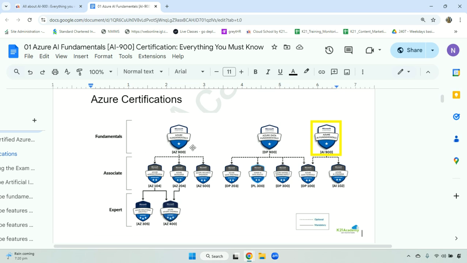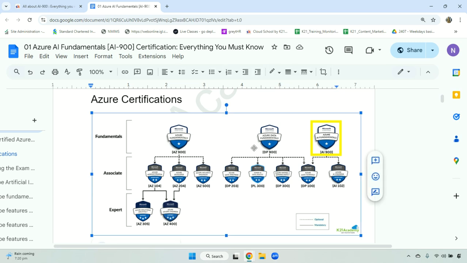On the extreme left side, starting from here, we are talking about Azure Fundamentals, then Azure Administration. These are all infra part certifications. In the center, it is basically all about the Azure data fundamentals. Here it is all related to the data courses.